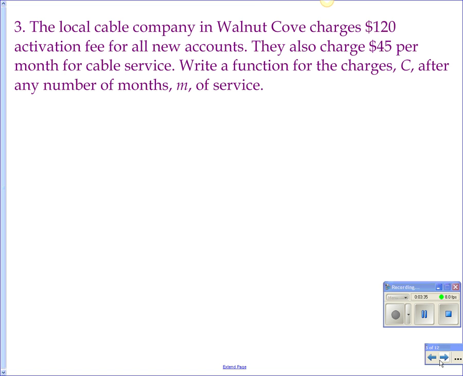All right, Stephen, what is it asking me to do? Good, so I'm going to circle that. Caitlin, what am I writing a function for? Good. The charges. So C is what I'm starting with. I'm writing a function for the charges. Summer, what's the first thing they charge you? Good.